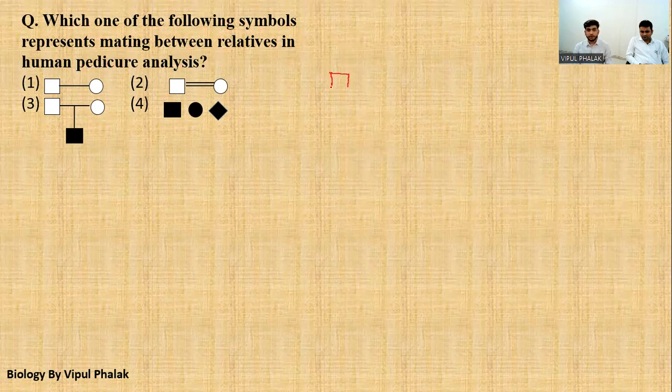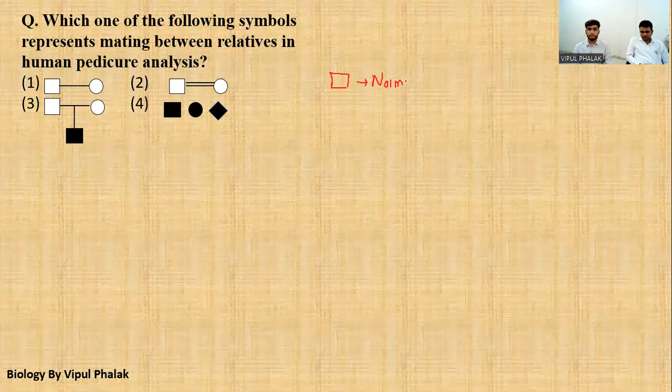An unshaded square stands for an unaffected or normal male. So normal male. Unshaded circle represents normal female.